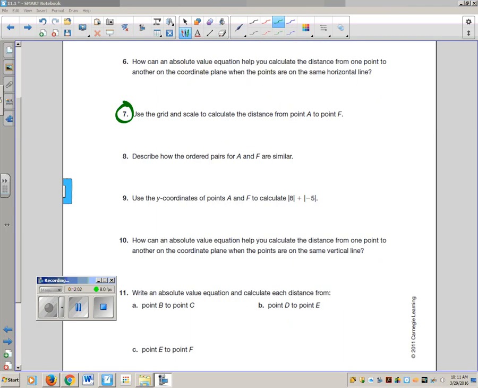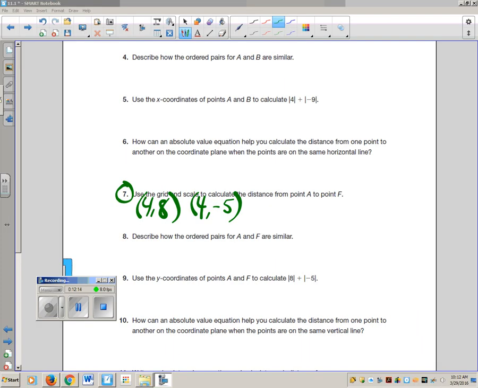All right, jump to number 7. We already answered the questions before. Use the grid to find the distance from A to F. So your 2 coordinate pairs are 4, 8, and 4, -5. The x's are the same because they went to the right 4. I want to know the distance from the y's from top to bottom.